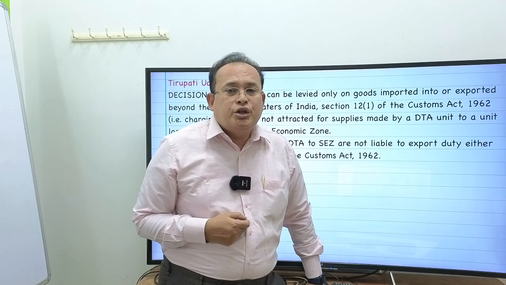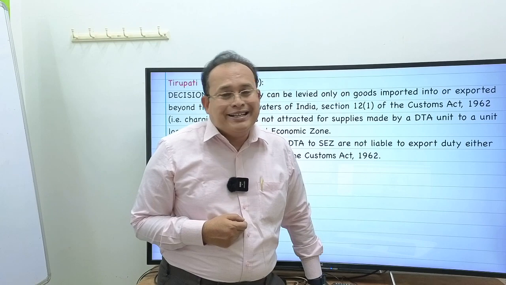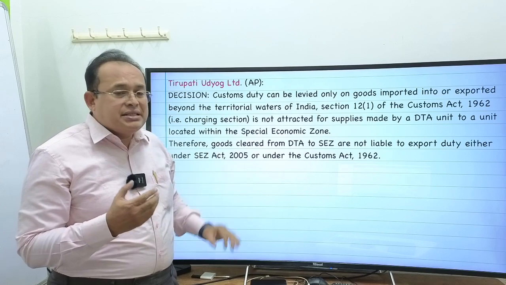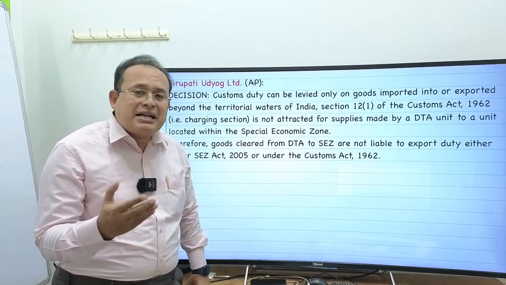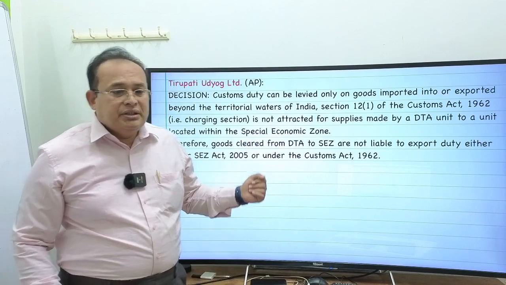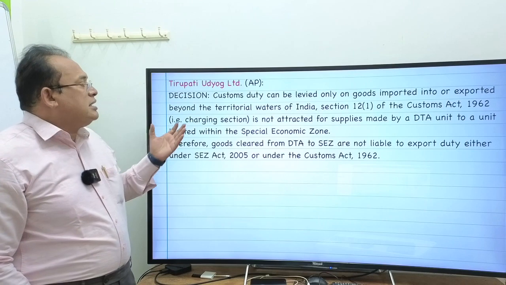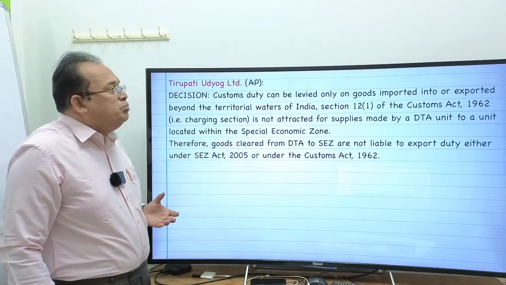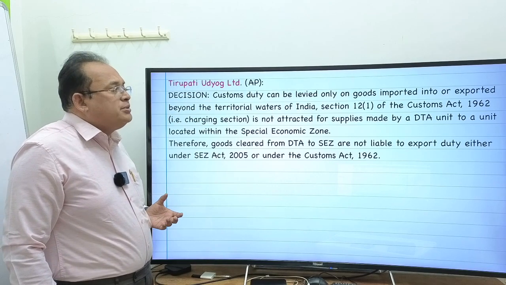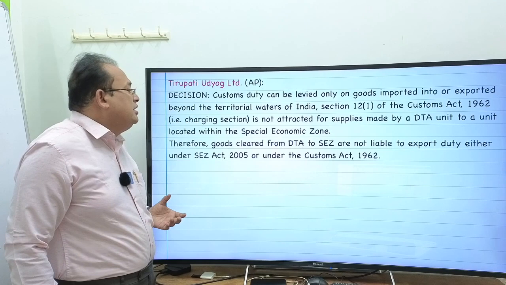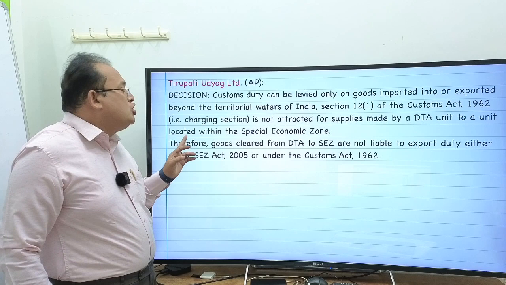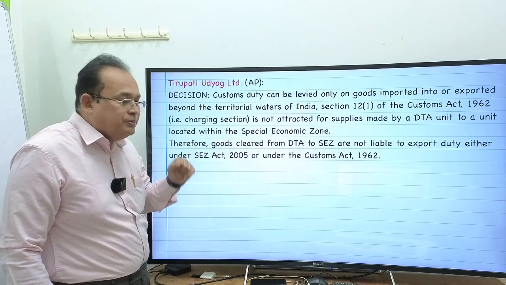In the case of Tirupati Udyog Limited, the Andhra Pradesh High Court said in the given case, it neither attracts any duty of customs under customs law nor under the SEZ Act. Customs duty can be levied only on goods imported into or exported beyond the territorial waters of India. Section 12(1) of the Customs Act 1962, the charging section, is not attracted for supplies made by a DTA unit to a unit located within the special economic zone.